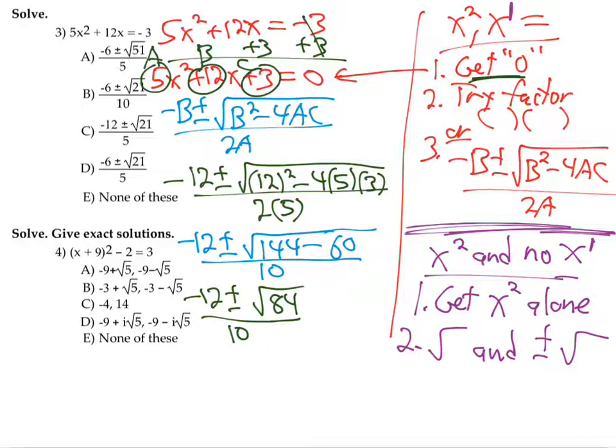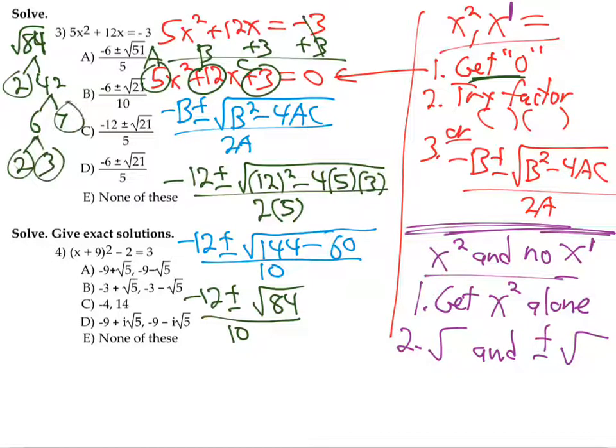So now I've got to simplify the square root of 84. Remember how to do the square root of 84? I'll bring it over here. What do we do to simplify the square root of 84? Break it down with our calculator. Remember that? So this will be like 2 times 42. This is 6 times 7. 2 times 3. So 2, 2, 3, 7.